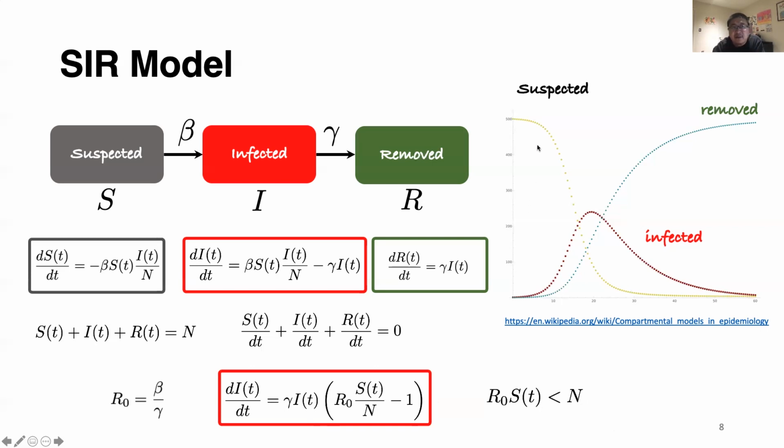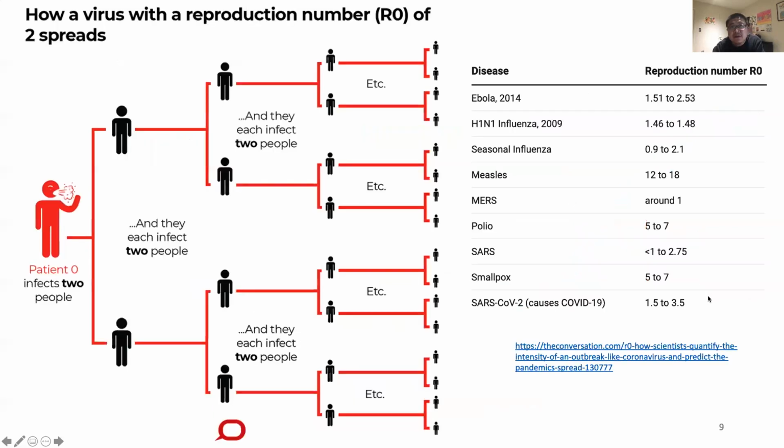You can see over time, the number of susceptible drops, the number of removed increases, and the number of infected first increases and then decreases. This is another illustration with a basic reproduction number equal to 2, showing how the epidemic is going to evolve. And this table on the right shows the basic reproduction number for different diseases.